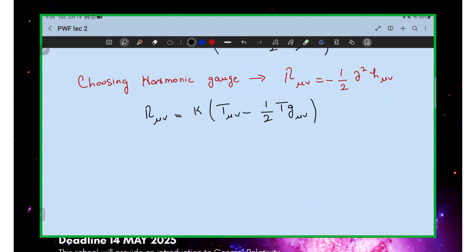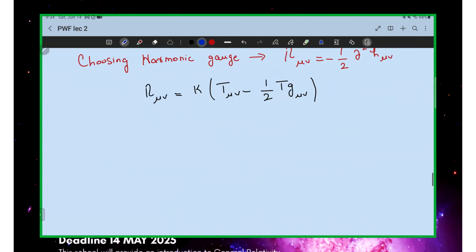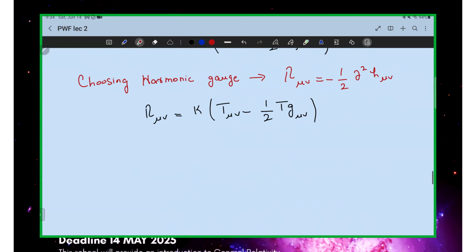And I can use this expression for the Ricci tensor, which is coming from here, to get something like this. -1/2 h mu nu equals, well, this thing. Sorry, this should be eta mu nu because I'm using the weak field approximation. Now take this -1/2 and take it to the other side. So until now, this is the equation that we have.